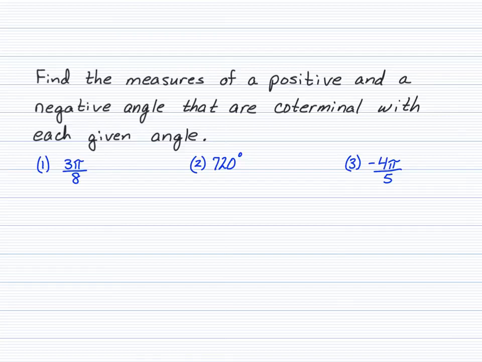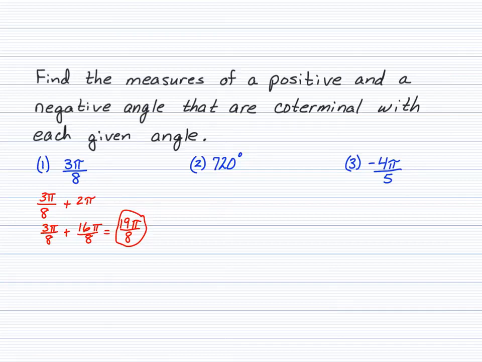All right, so let's start out with adding 2 pi. And if you add 2 pi, you have to have a common denominator, and 2 pi would be equivalent to 16 pi over 8. And so when you add these together, you get 19 pi over 8. That would be a positive coterminal angle to the original angle given.